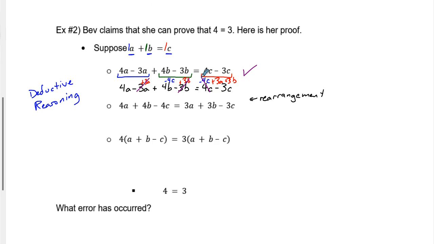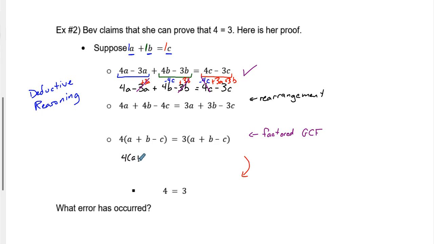Now, in order to get our next step, it looks like that Beth factored a greatest common factor. From the left-hand side, she factored a 4 out, and from the right-hand side, she factored a 3 out. Then to get to our next step, I'm going to rewrite this just so we can see it.